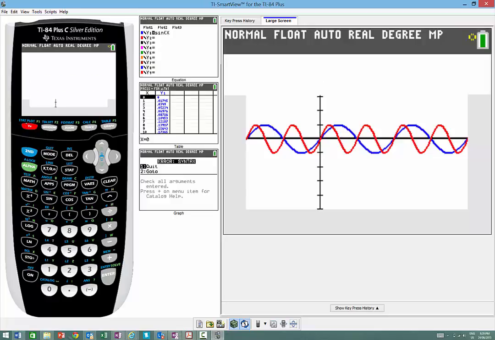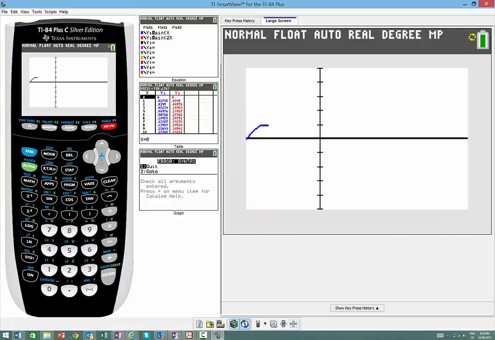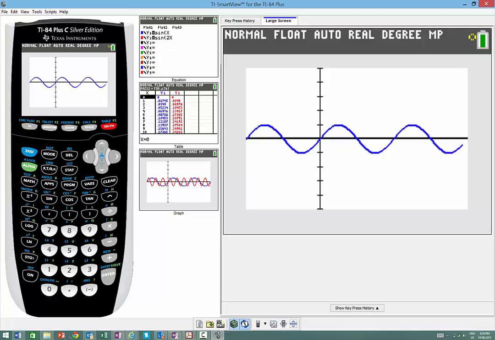If I now change that, instead of being 2, to 3, and we graph that, if I put a 3x there, instead of getting 1 wave, we're going to get 3 waves. Obviously we talk about the period of the wave here. So we get 3 waves for every 1 normal wave.